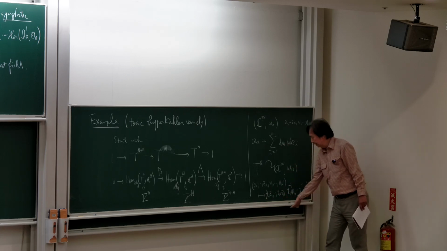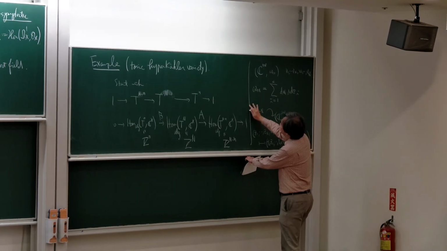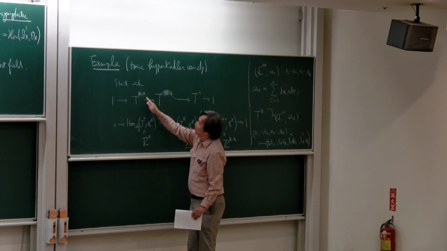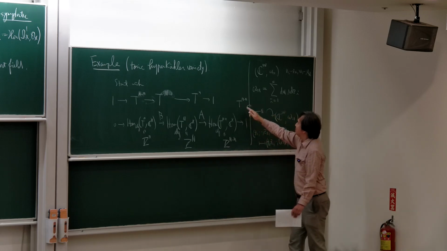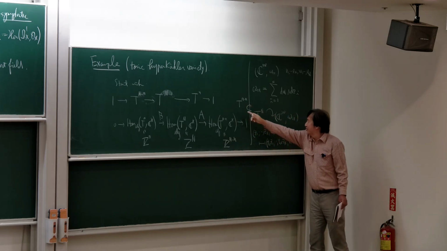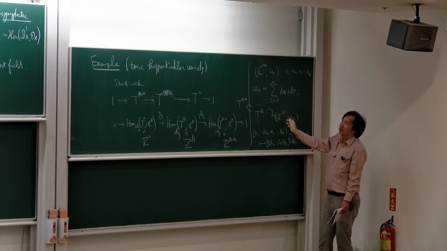And here, you have an inclusion of this map. So the (N-n)-dimensional algebraic torus acts on this space. And this is also Hamiltonian.